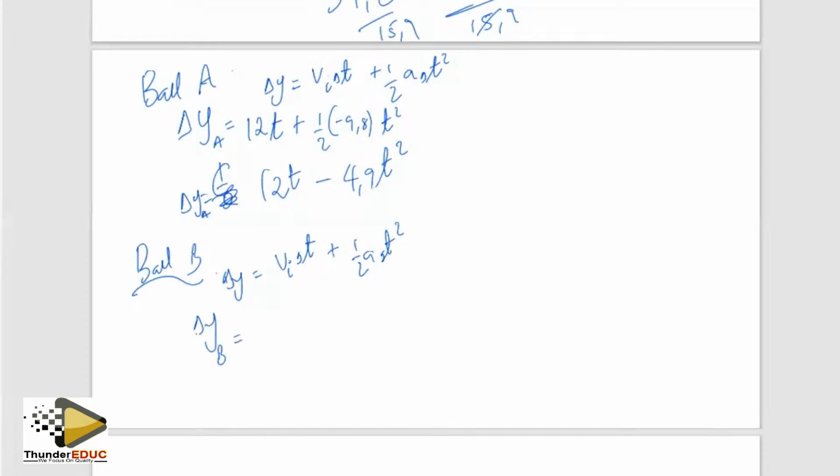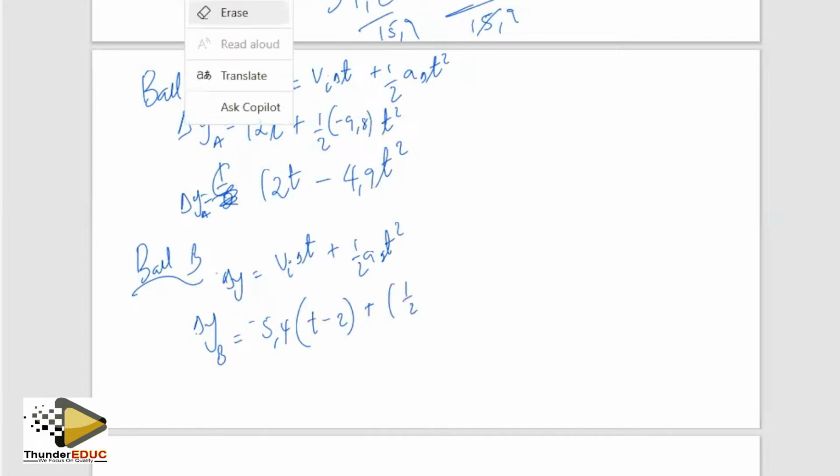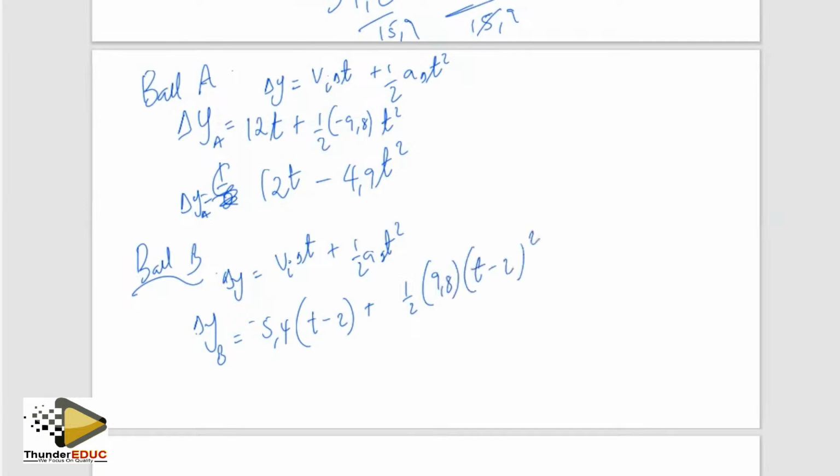Initially it was projected downwards, so I'm going to say negative 5.4 into the time for B, which we said is t minus 2, plus a half into 9.8 into t minus 2 squared. When I open this up, I'll have negative 5.4t plus 10.8 minus 4.9 into t squared minus 4t plus 4.